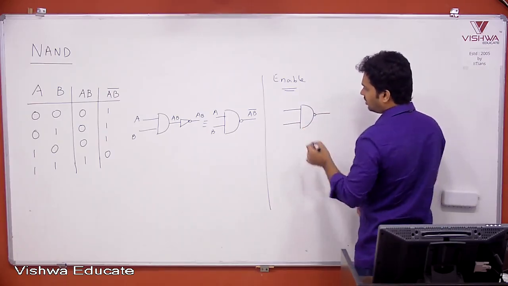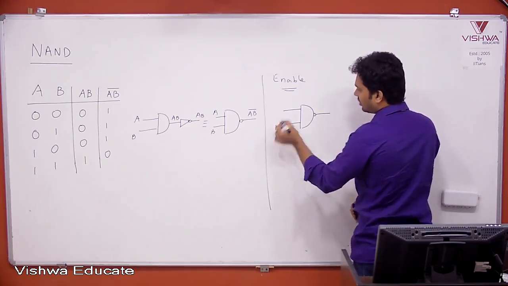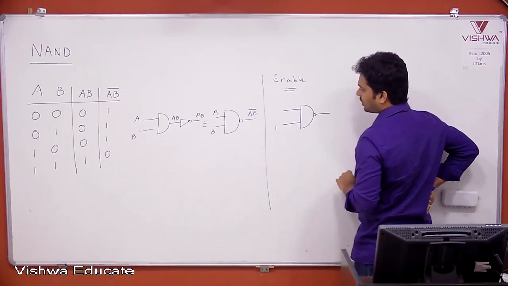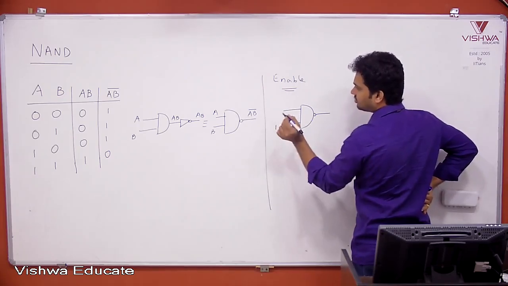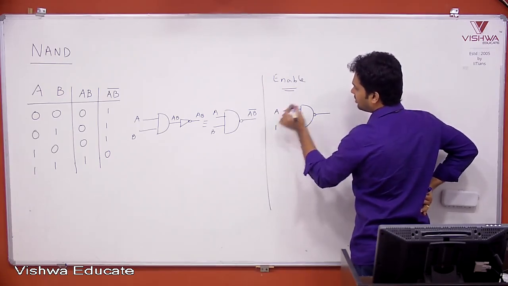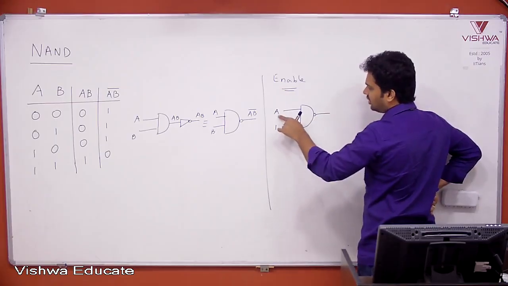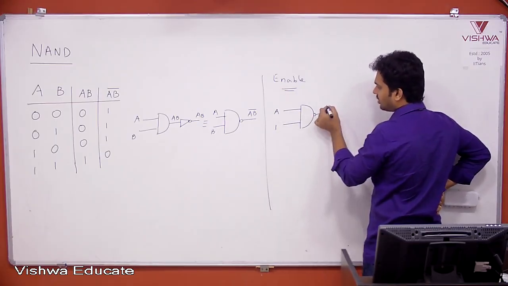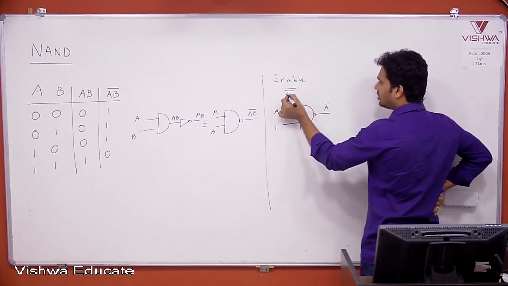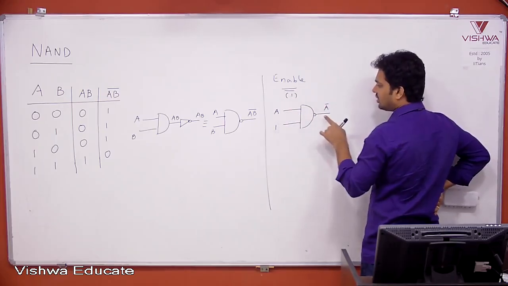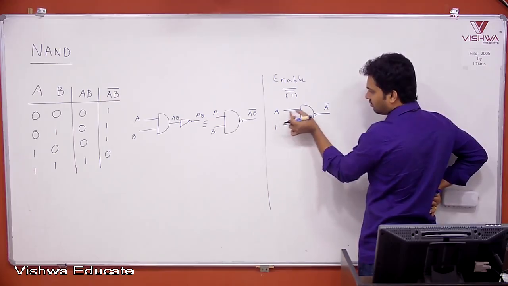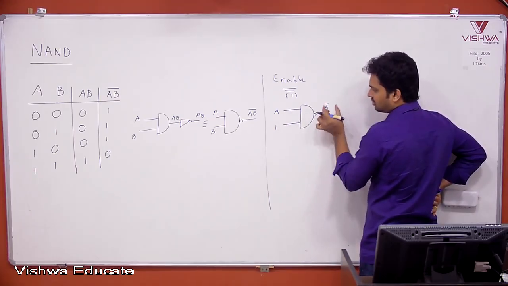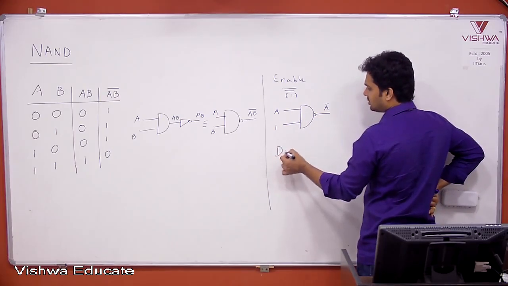If one of the inputs is 1, and the other input is, for example, A, what is the output? 1 into A, whole bar, is A bar. So the output is the inversion of the other input. Or you can say when one of the inputs to the NAND gate is 1, it will work like an inverter. Let us take this.